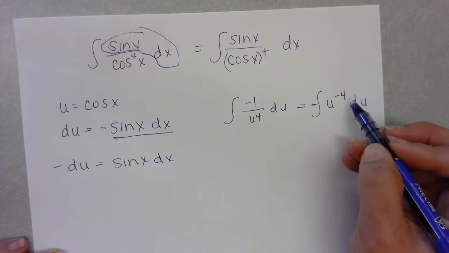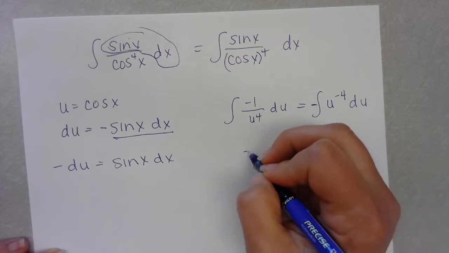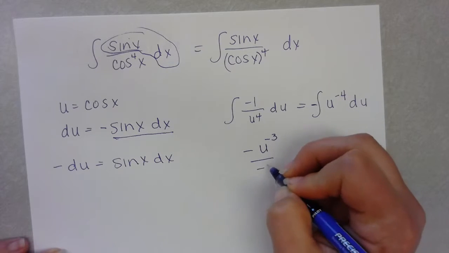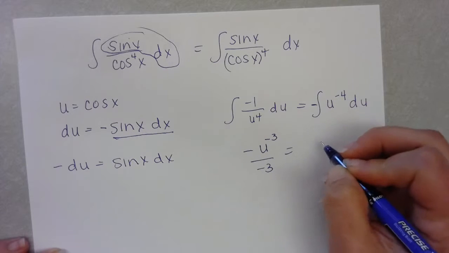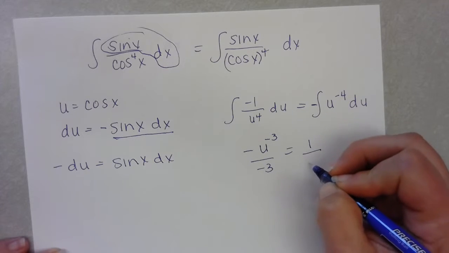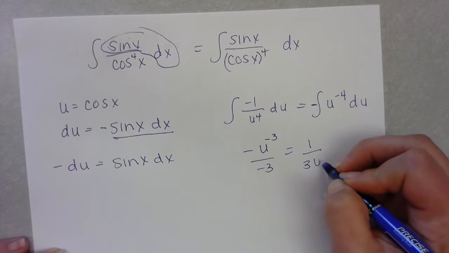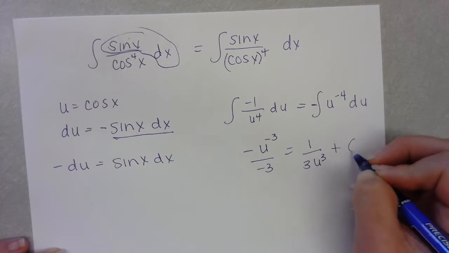So now I'm going to add 1, divide by the new power. So this is going to give me negative u to the -3 divided by -3. So this just becomes 1/3 because these become positive. And then the u to the -3 can be down here like this, plus c.